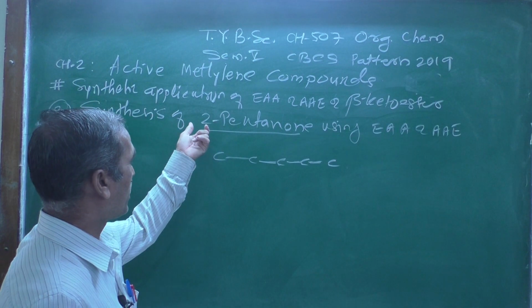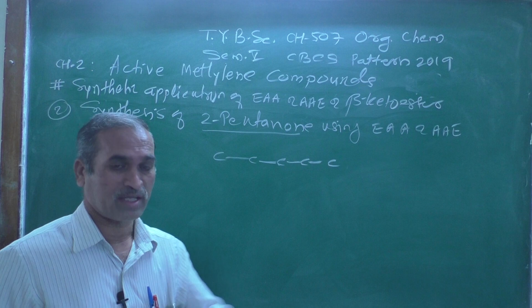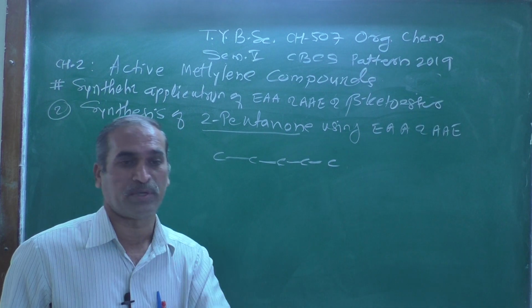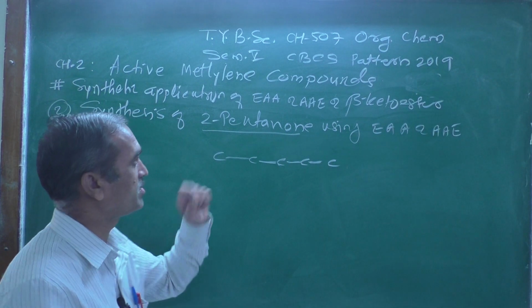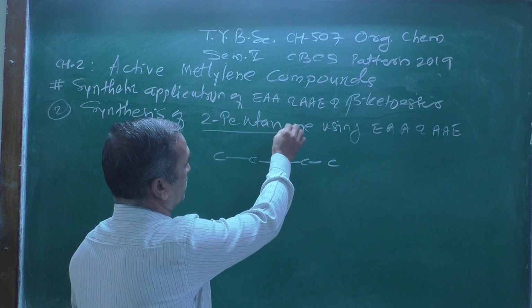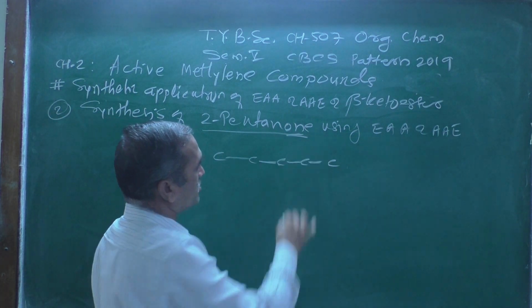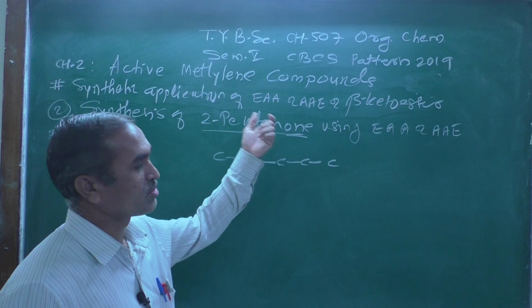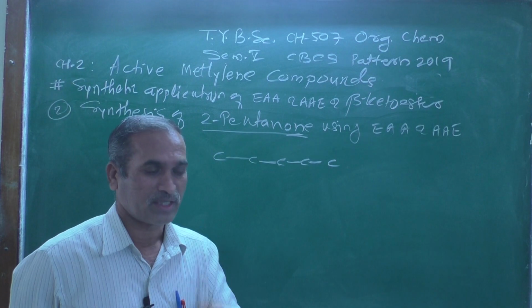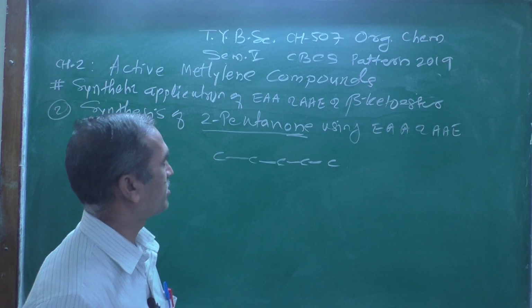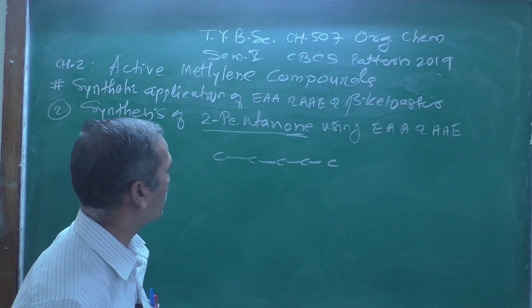And 2 indicates the position of some functional group. Which functional group is here? Look at the last suffix, which is ONE.